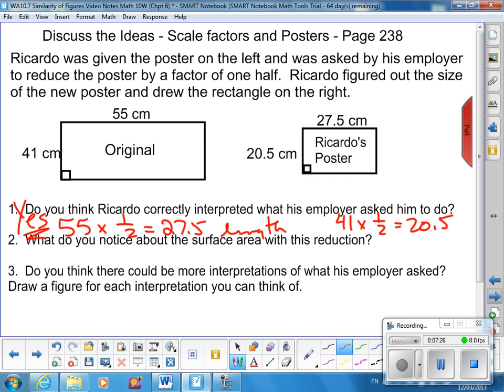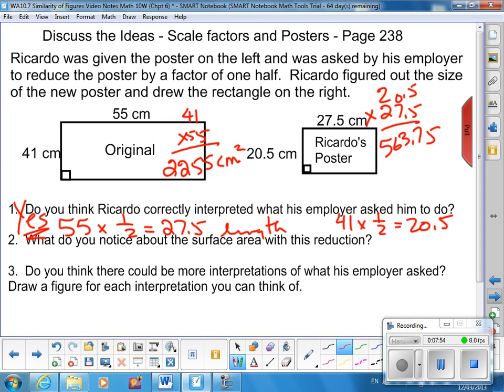What did you notice about the surface area? Well, surface area is length times width. So 41 times 55 will give me a surface area of 2,255 centimeters squared. The surface area of this one is 27.5 by 20.5, which will give us 563.7.